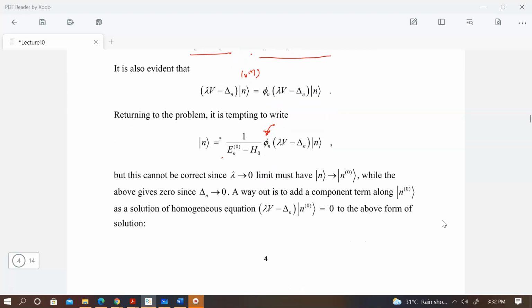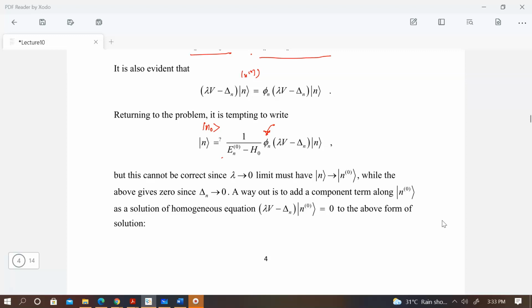Meaning, once you have this, we also need to add back in a component which is proportional to n naught. Here are all the components which are not parallel to n naught, so it's missing one component, which is the one proportional to n naught.